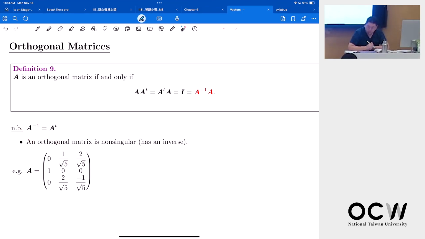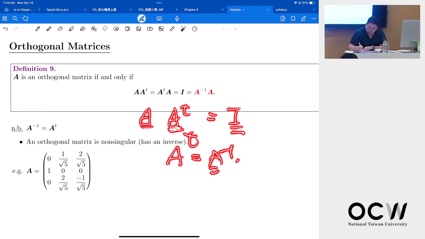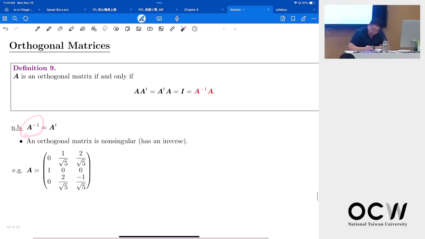If your inverse is your transpose, then this matrix is called an orthogonal matrix. Which means that an orthogonal matrix is non-singular, because it has an inverse.